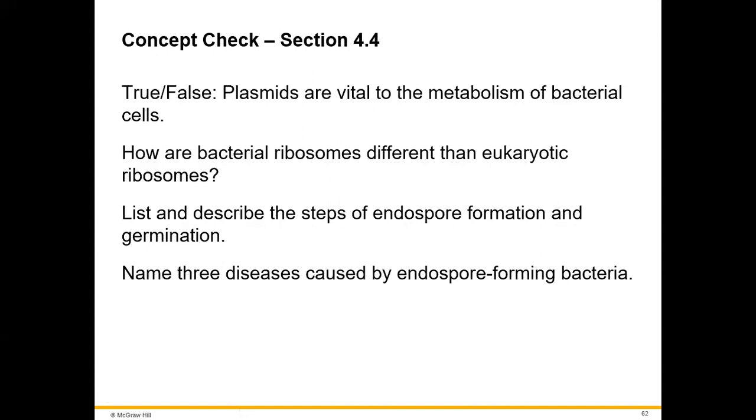What are 3 diseases caused by endospore forming bacteria? Tetanus. Tetanus is one. What are 2 other ones?